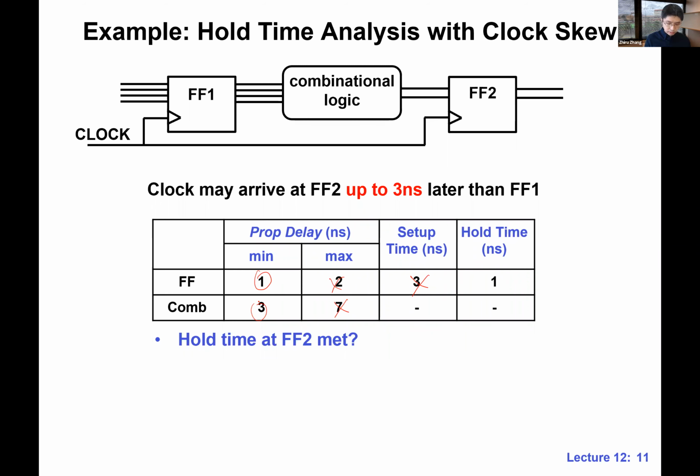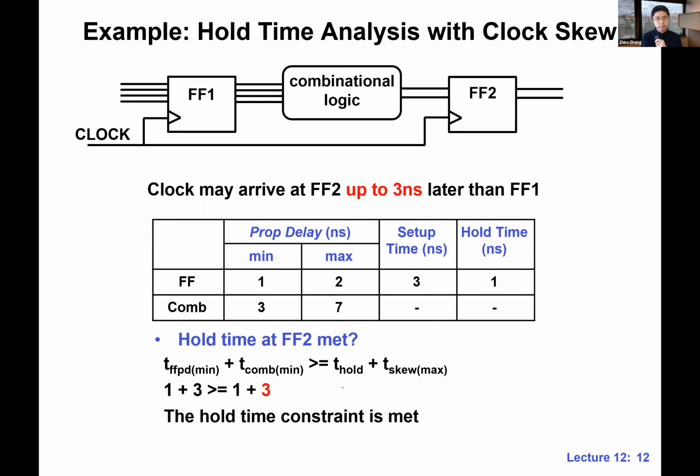Okay, the left-hand side should be clear, and it needs to be no less than what? Hold time. On this one, 1. Yes or no? No violation, right? The max skew is 3, so there's no violation. The constraint is met.